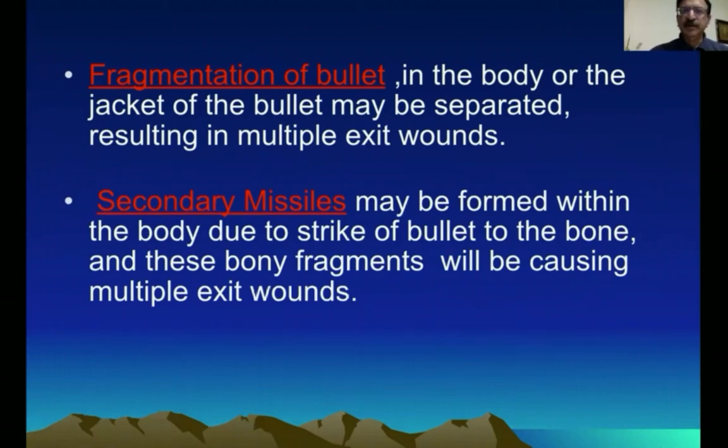That means when the bullet strikes the bone, the bony fragments also get energized. They start traveling with the same speed as the bullet and sometimes will be exiting with the bullet, making multiple exit wounds. So multiple exit wounds can be because of the secondary missiles, that is the pieces of bone or any other material.